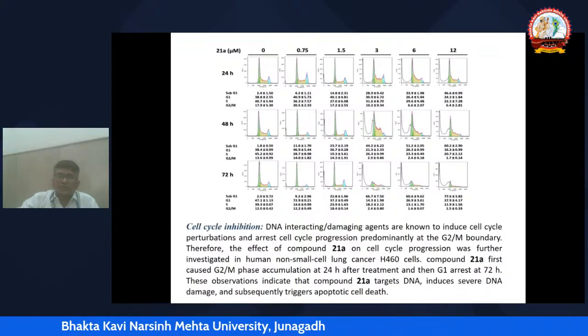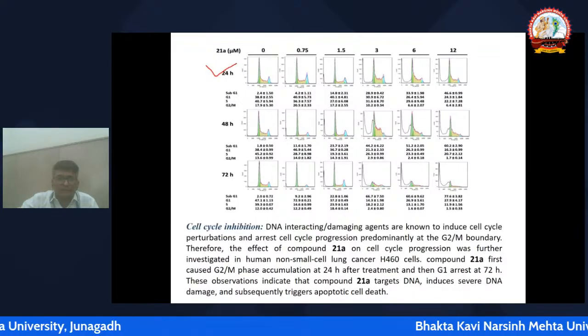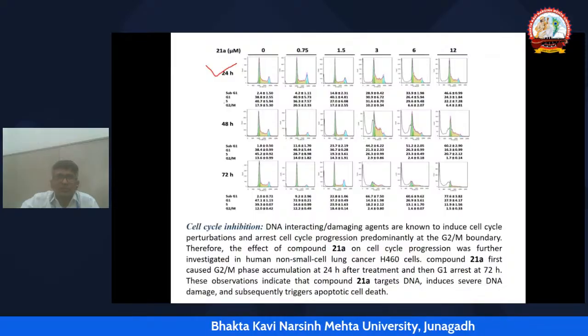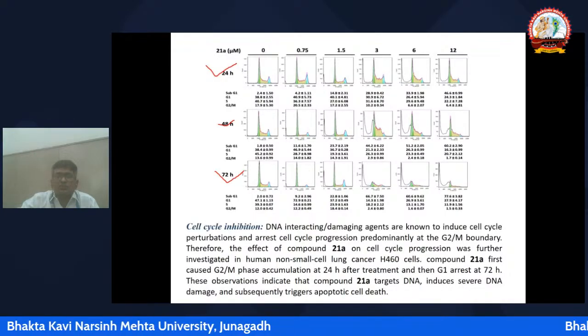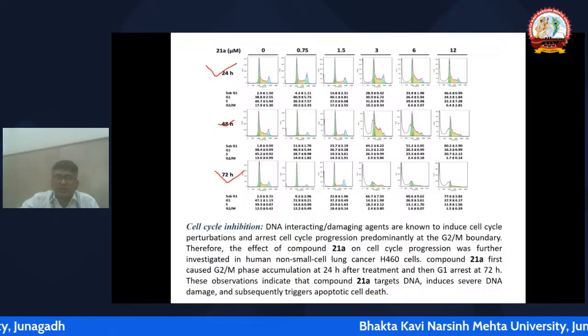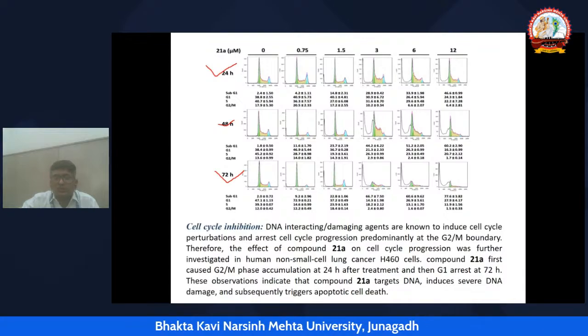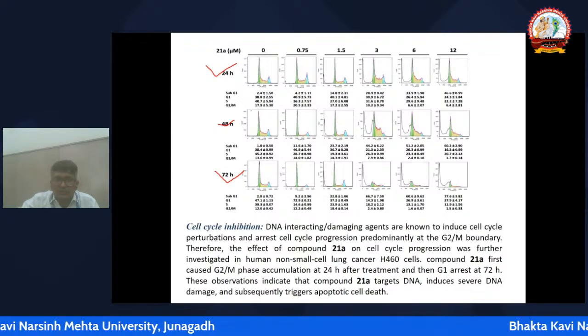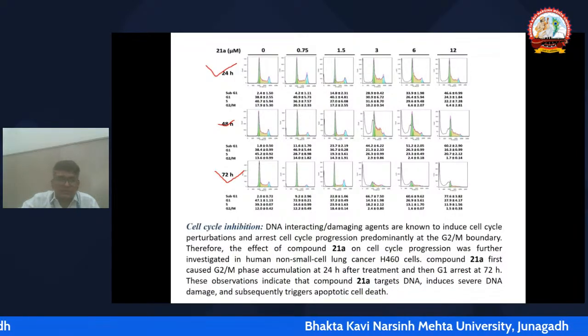This we can see at 3 different time intervals: after 24 hours, after 48 hours, and after 72 hours. 21A first shows G2M phase accumulation, then it goes into G1 arrest after 72 hours.